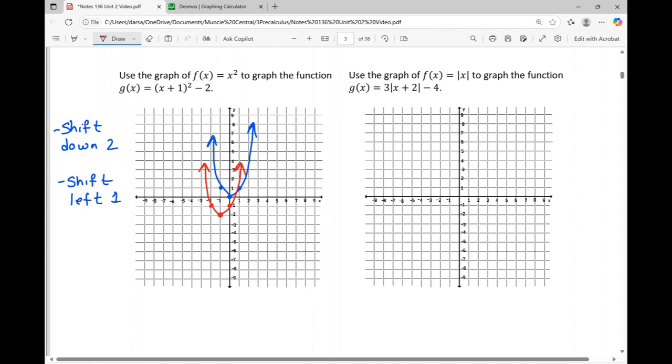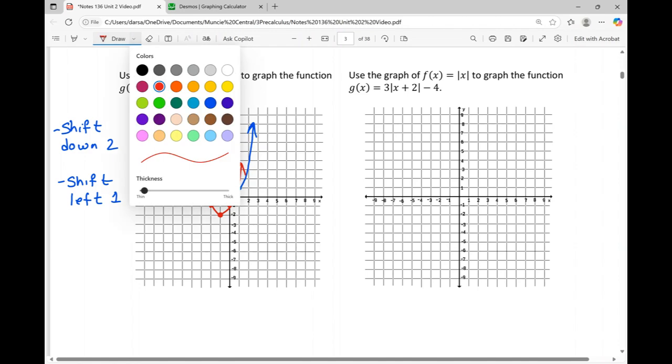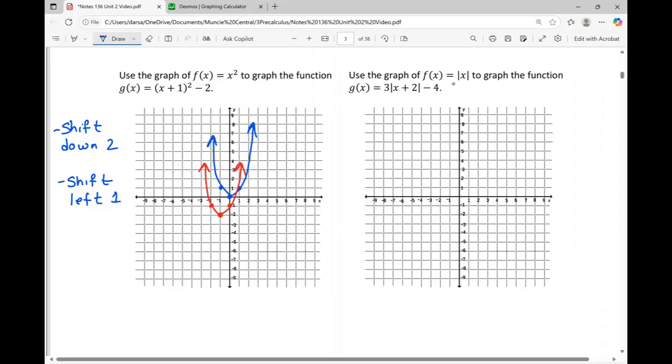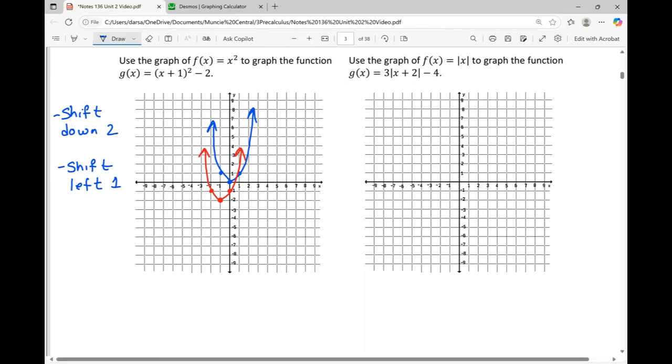Let's do this again with something a little bit more difficult. So let's look at our next example here. What is our parent graph here? Well, this is an absolute value equation. So y equals the absolute value of x is our parent graph or our base graph that we need to draw. So let's go ahead and draw that.